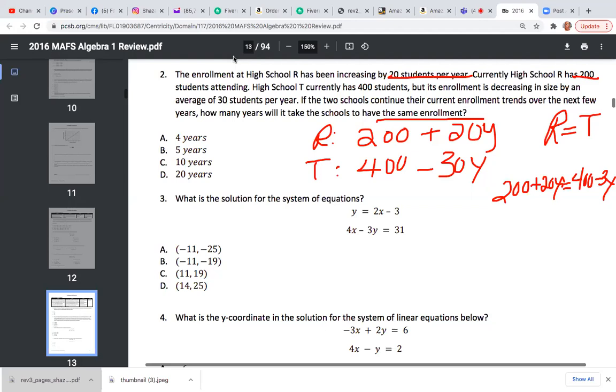Ooh, you guys are taking too long, so which means you cannot solve it. So guys, if you're not able to solve this one, then do it the same way we did the previous one, guys, okay? Plug the numbers in one at a time and figure out which number, A, B, C, or D, 4, 5, 10, 20, will make sure that you have the same number at R as you do at T. All right, so guys, which one? Give it a try, guys.